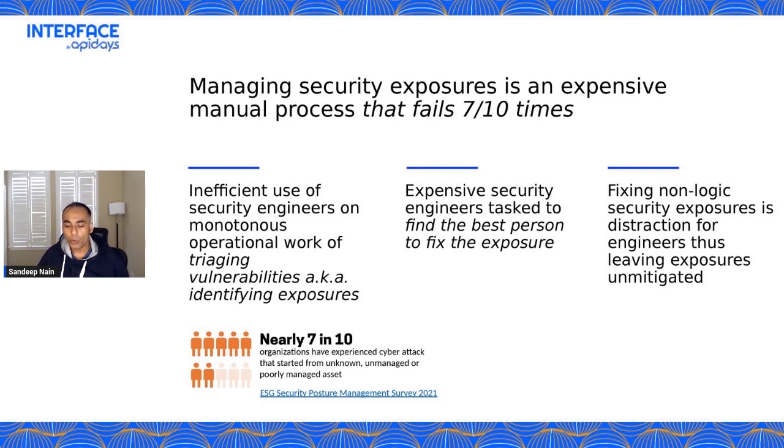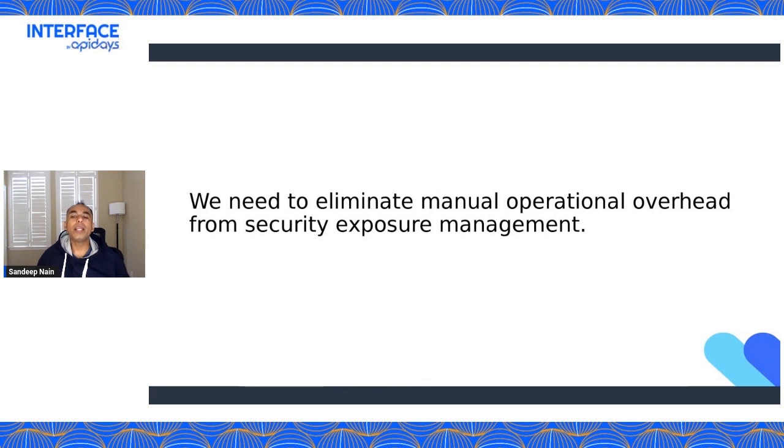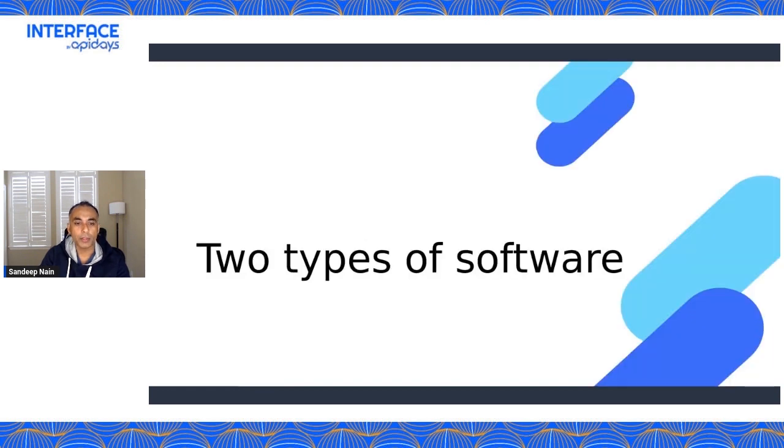So what do we need to do? We need to eliminate this manual operation overhead from security exposure management. Now, it's a good concept to have, but how do we do that? A few months ago, I was watching this presentation by Jeff Lawson, CEO of Twilio, called "The Software People."